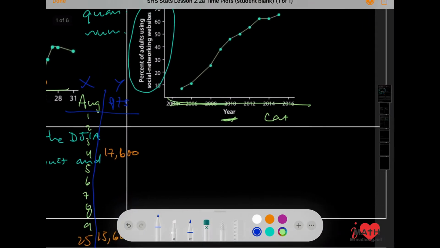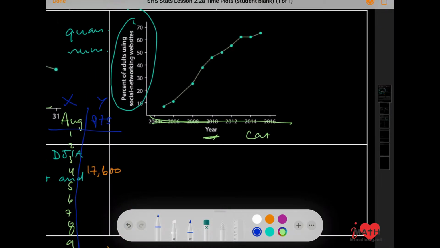Let's take a look at this next one. This next graph shows us years, and on the other side, you can read percent of adults using social networking websites. So what does this graph show us?